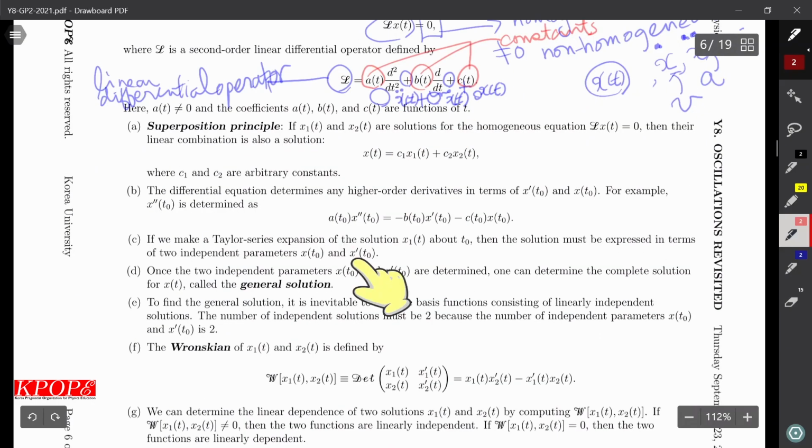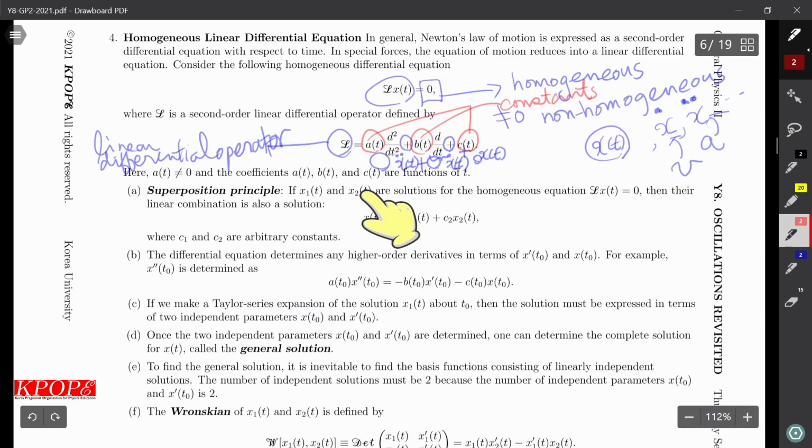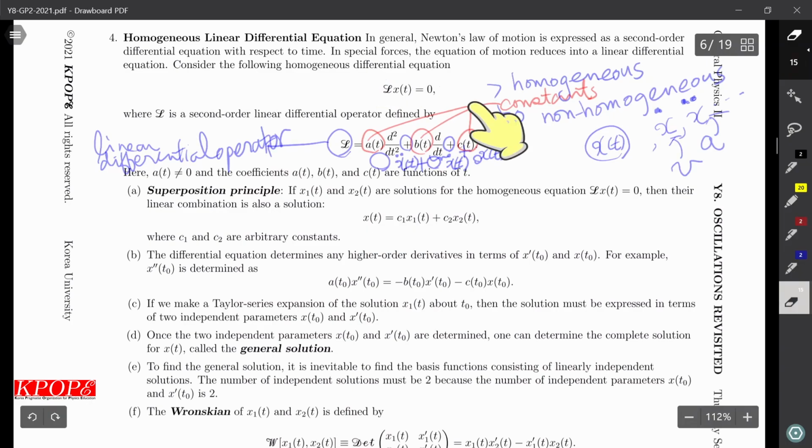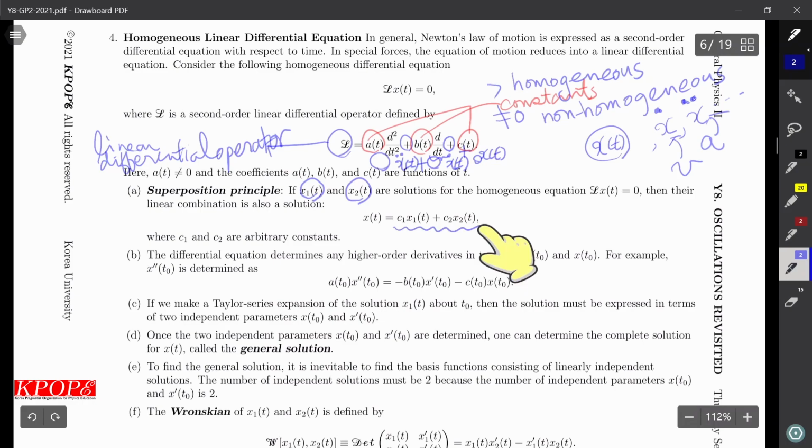First, we consider the superposition principle. When we consider the homogeneous differential equation, if x1 and x2 are solutions, then the linear combination of these two is also a solution.